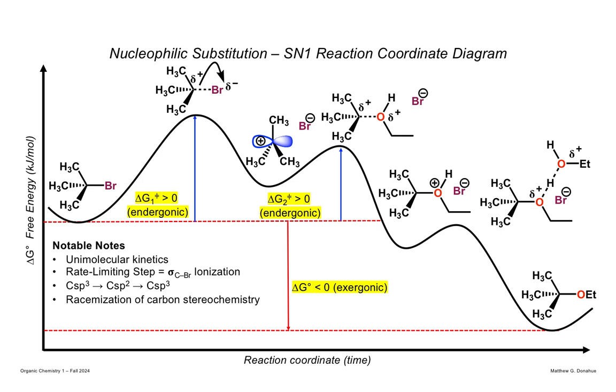So the bromine's going to be outnumbered by ethanol, so that's why it attacks. The second transition state is the oxygen-carbon bond partially forming. And then you get into this oxonium ion intermediate. And then its final transition state to the product is that removal of that proton, so a proton transfer.